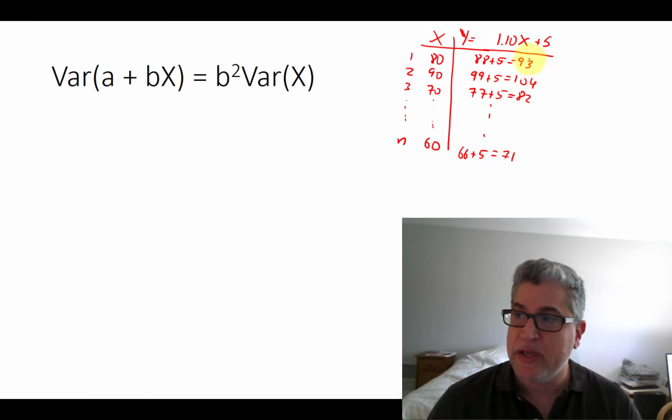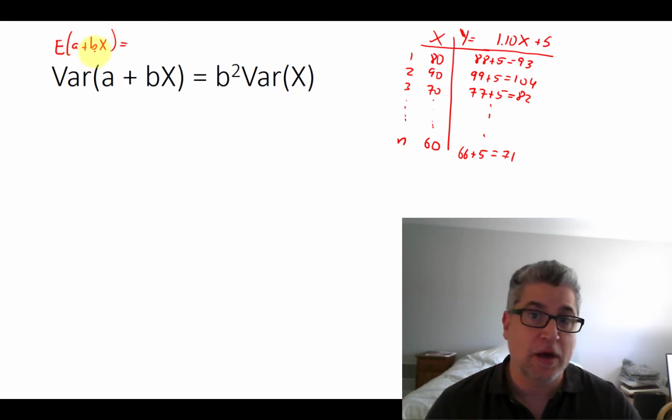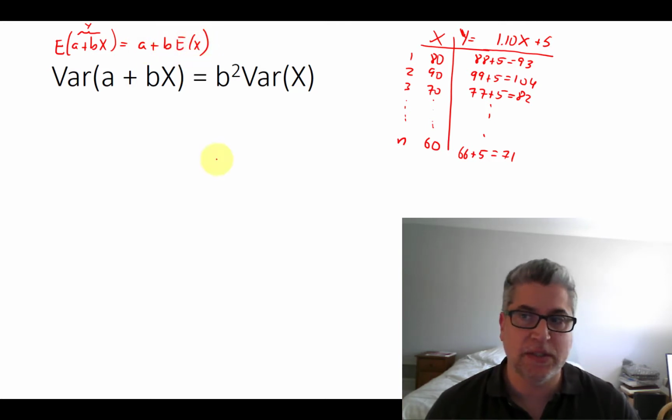Now clearly, the average of 80, 90, 70, 60 is different than the average of 93, 104, 82, 71. So we know that the expectation of our transformed variable y is different. In fact, in the last video we saw it's equal to this.